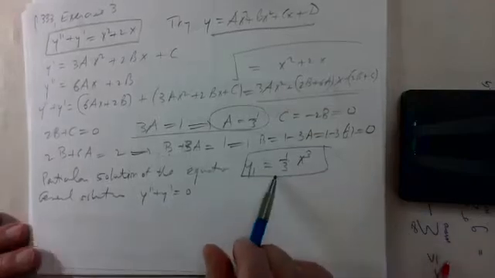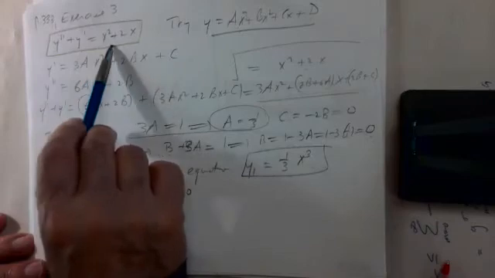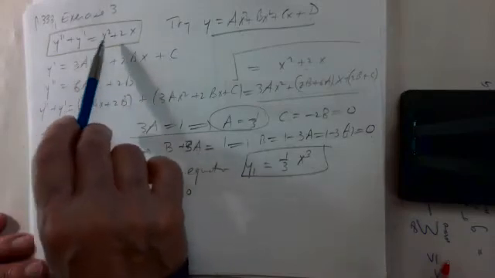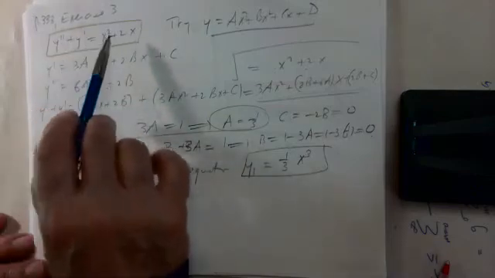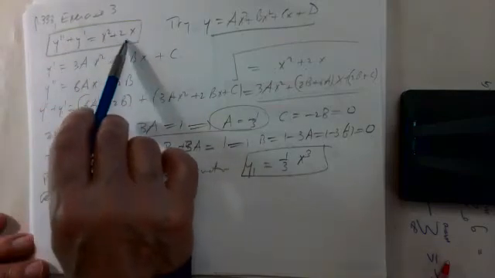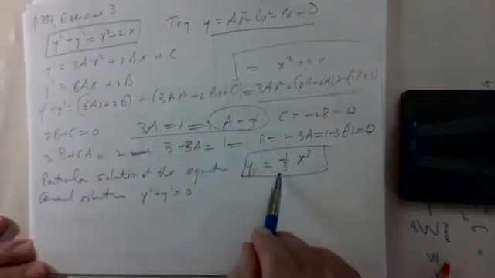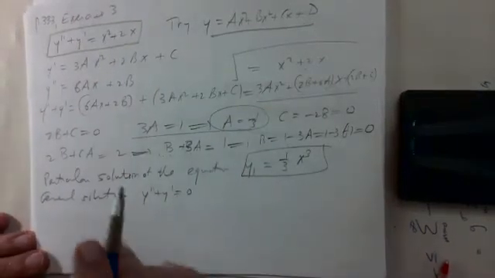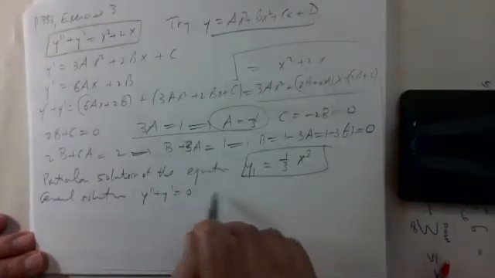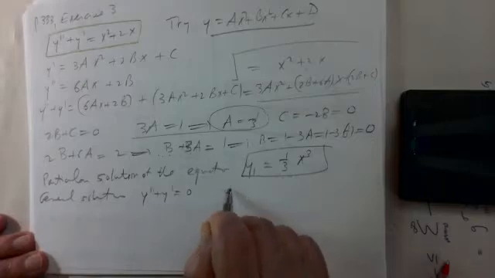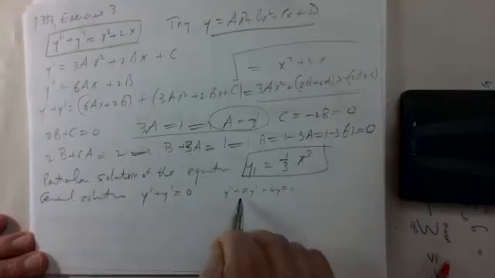How do you find the general solution? The general solution to a non-homogeneous equation is the general solution of the homogeneous equation plus a particular solution to the non-homogeneous equation. This is a particular solution to the non-homogeneous equation. For the general equation, I can think of this as y double prime plus ay prime plus by equals 0.